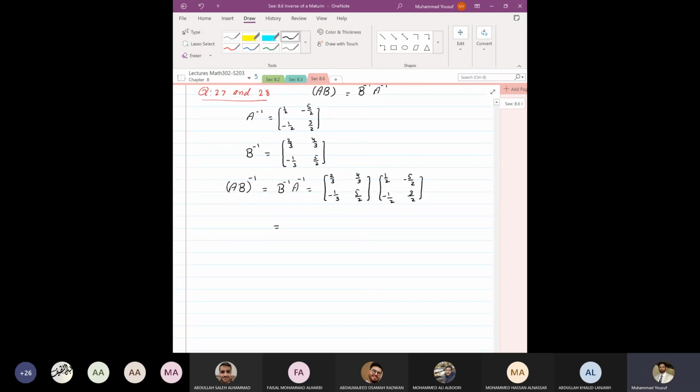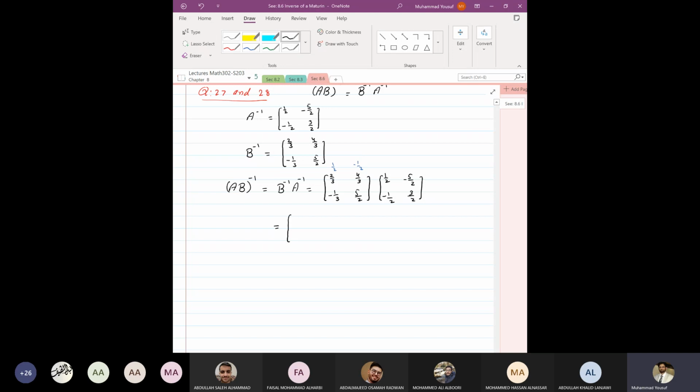Now we multiply. How to multiply? We take first column of the second matrix and write it here, 1 over 2, minus 1 over 2, multiply them and add. You know how to multiply.